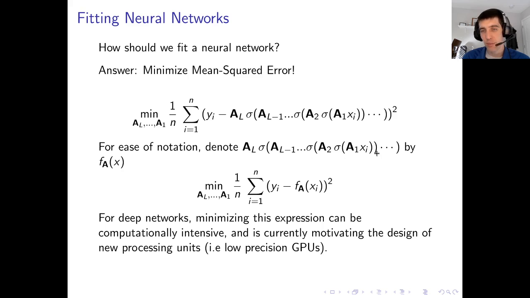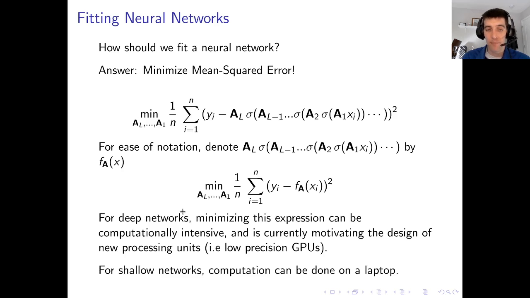Because of the sequence of linear operations, there is some mathematical simplicity to this operation, but in general it can be difficult and sometimes takes fancy hardware to do it well. If you have shallow networks, you can also fit neural networks on your laptop, and we will demonstrate that in a little bit.